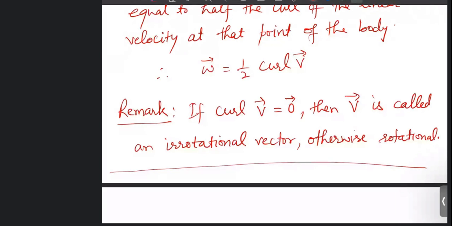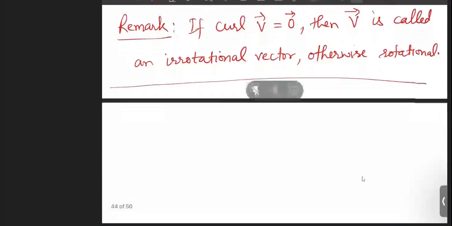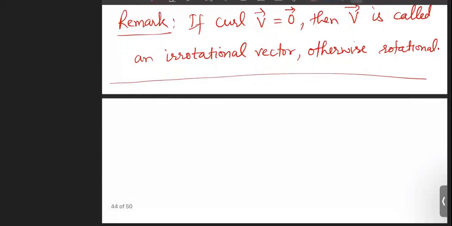Now let us consider some properties of the divergence and curl. Sometimes when this del is applied on the vector in cross product, it will become the curl. When it is applied on the vector as a dot product, it will become the divergence.